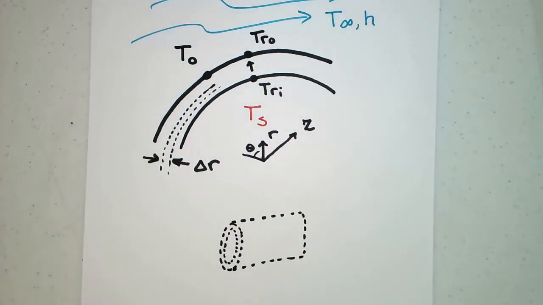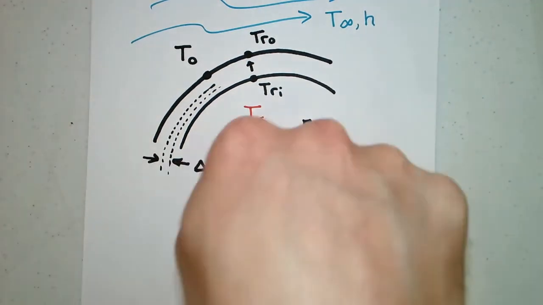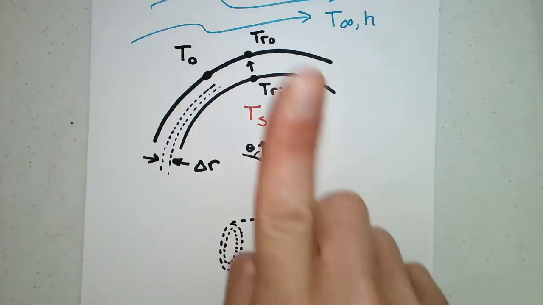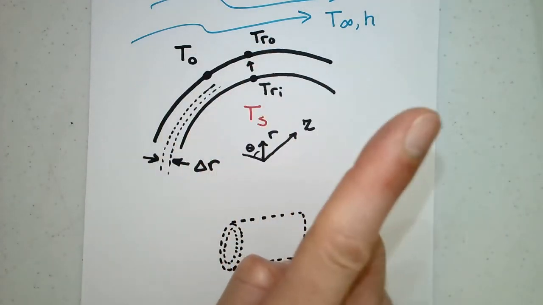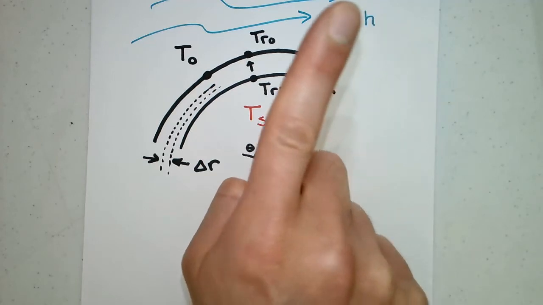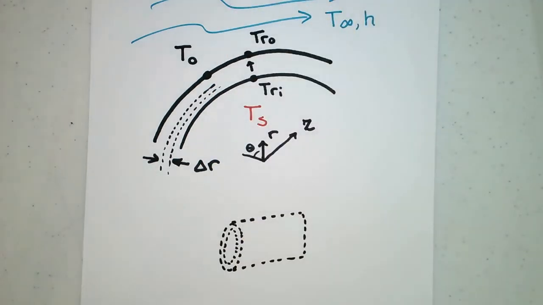So that looks a little odd, but Z is into the page, R is any radial direction, and if we think about changing R, we're changing theta.